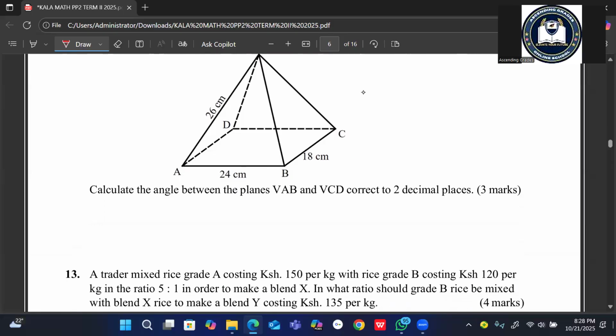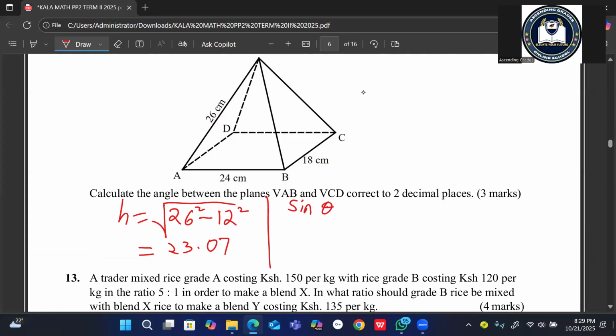First of all, we have to determine the height of the pyramid, and it should be equal to the square root of 26 squared minus 12 squared, which gives you 23.07 centimeters. Since we have our height, now we have sine theta.